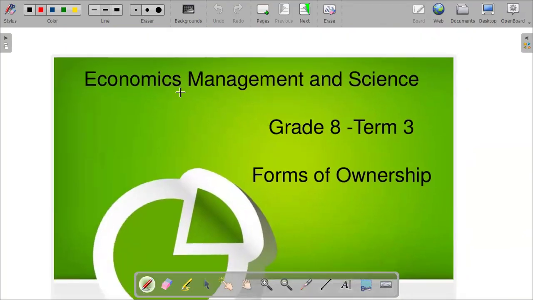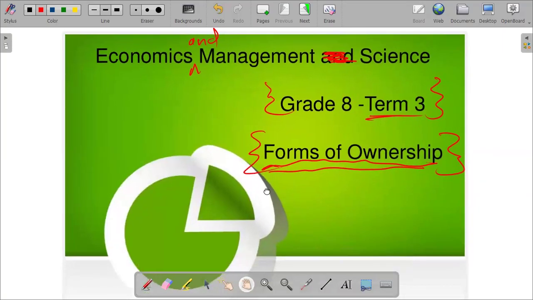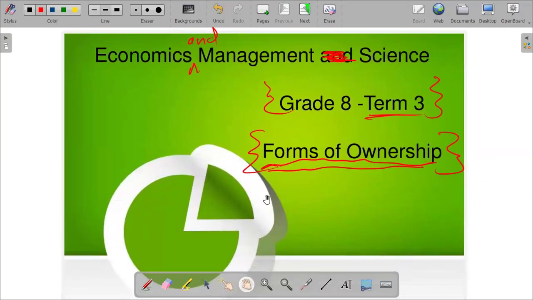Economics and Management Sciences, Grade 8, Term 3 work, and we are still focusing on the forms of ownership. The forms of ownership, yes, that's the topic. This will be part two of the first part that we did.